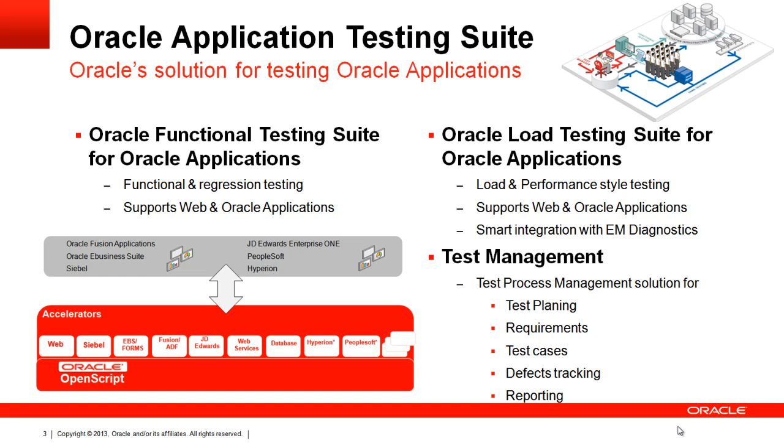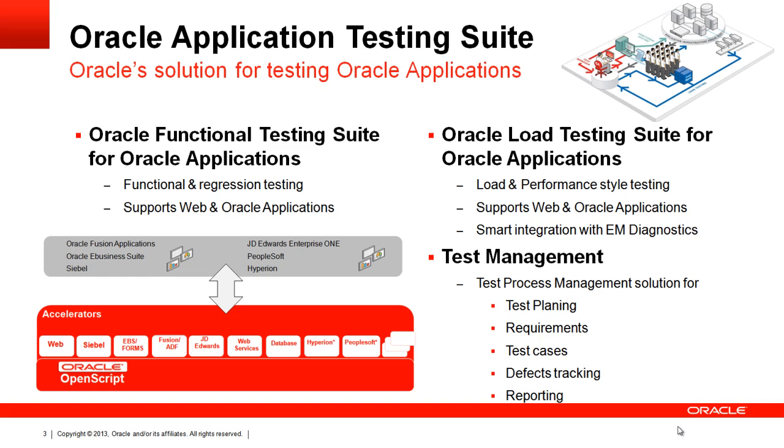If you are testing Oracle packaged applications like Oracle eBusiness Suite, Siebel, Fusion Applications, JD Edwards, PeopleSoft, or Hyperion, you are using the same tools, but they are licensed from the applications price lists and are then named Oracle Functional Testing Suite for Oracle applications or Oracle Load Testing Suite for Oracle applications.